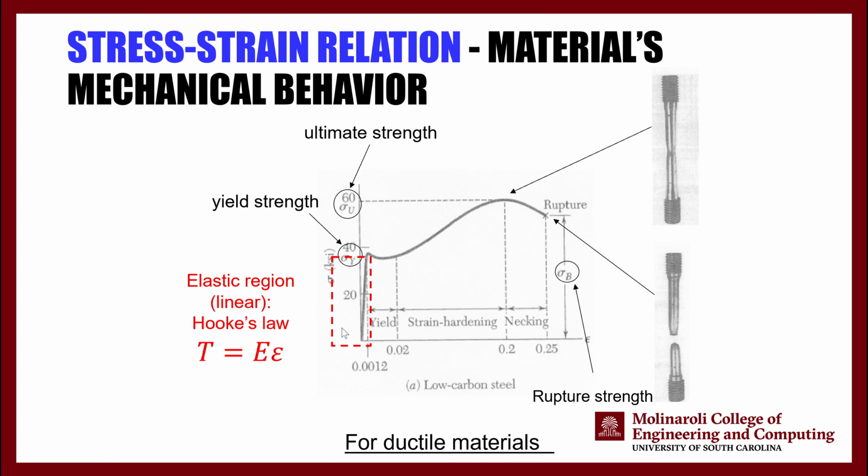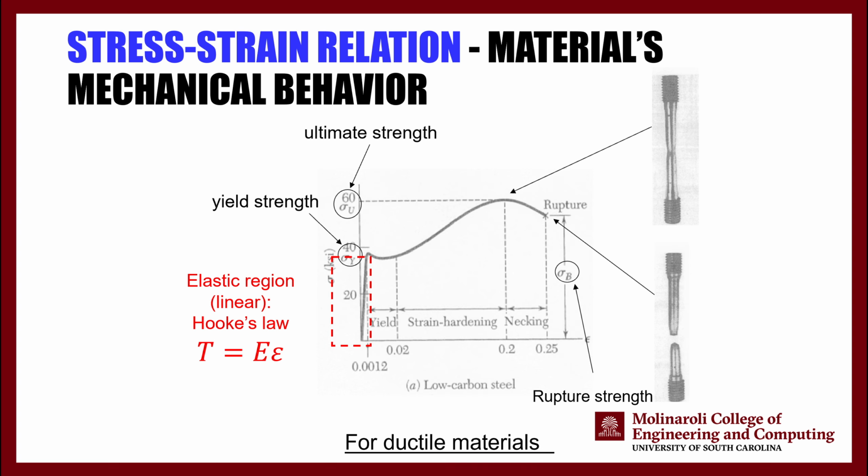We are focused on this region, the linear region, which is called the elastic region. Essentially what it means is that if you remove the stress during the elastic region, the sample will go back to its original form. The relationship between the two in this region is linear, and we can use Hooke's law to relate a stress to a strain.